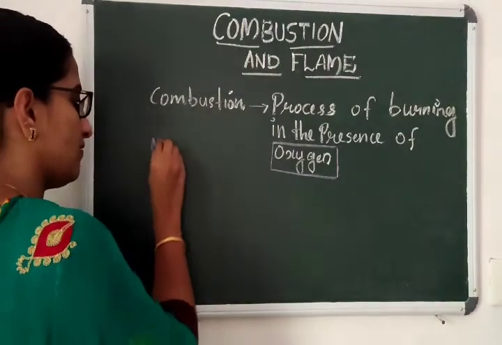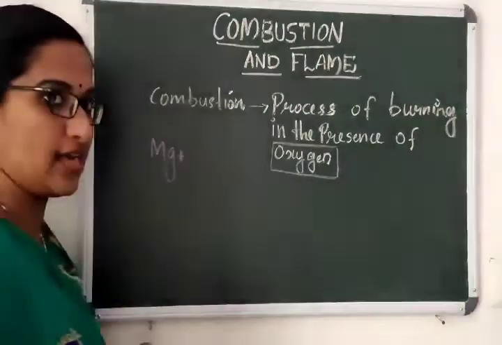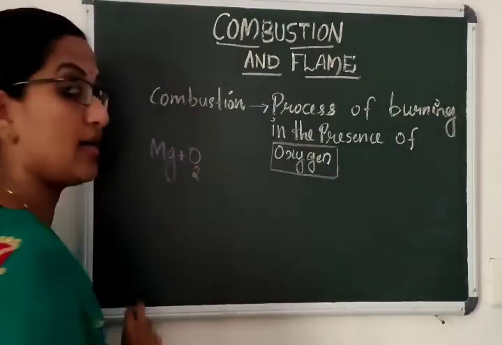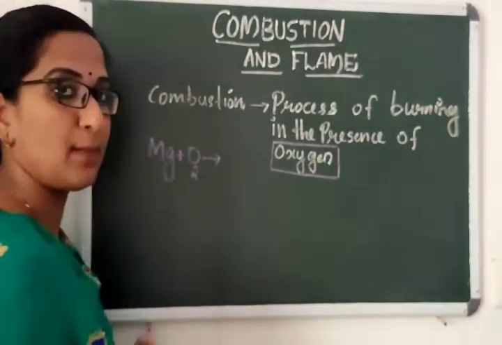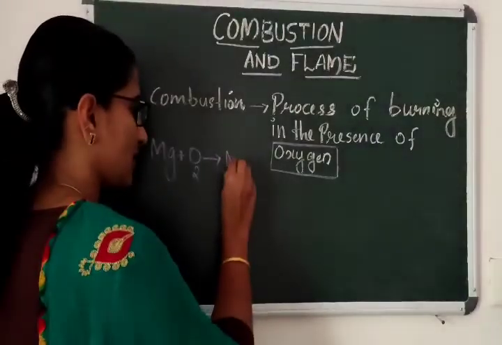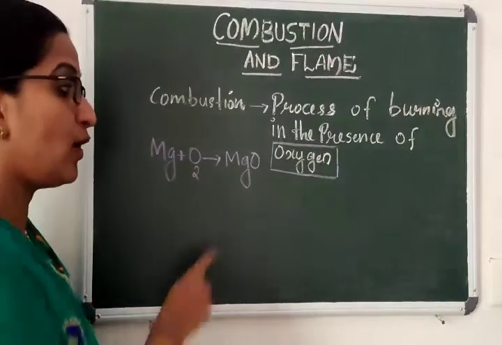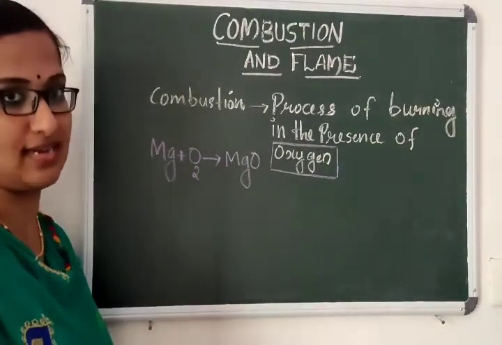What happens when magnesium undergoes combustion? Magnesium burns in the presence of oxygen and you will get the product magnesium oxide. The product is magnesium oxide.